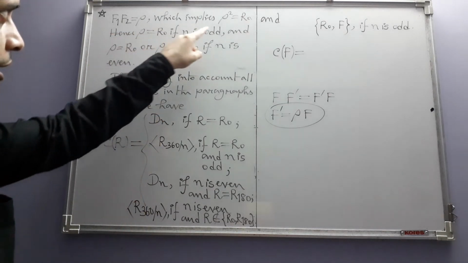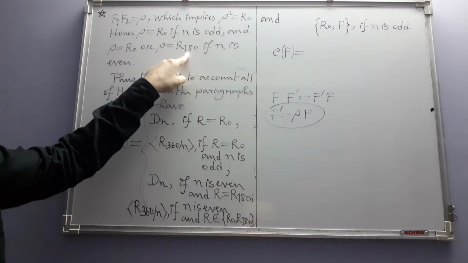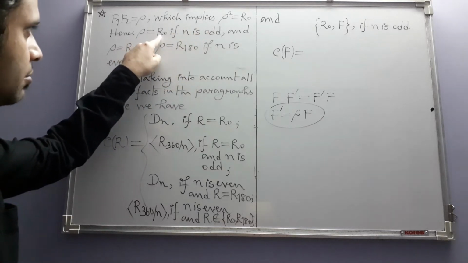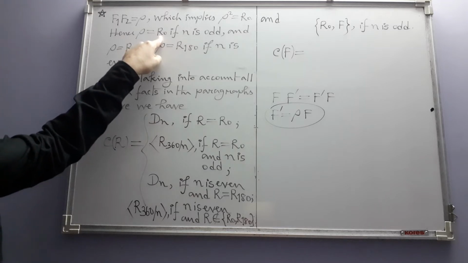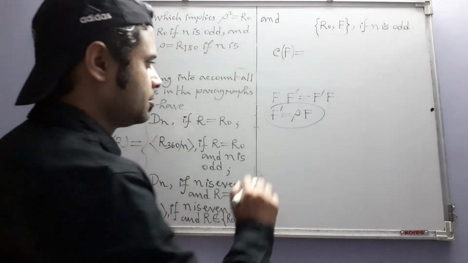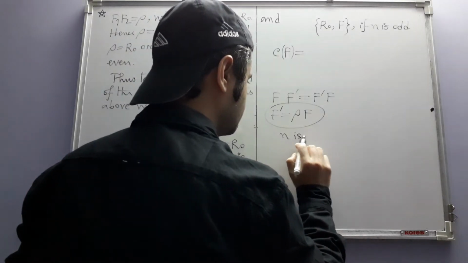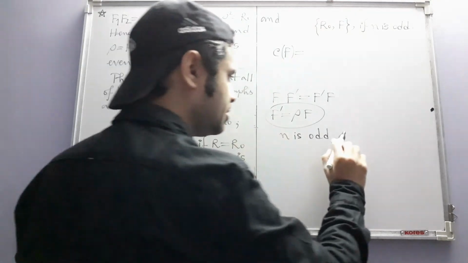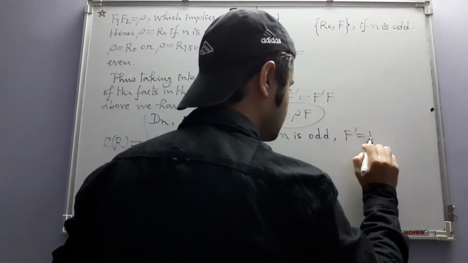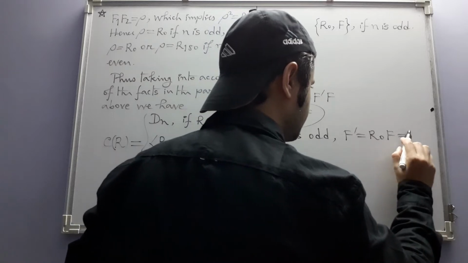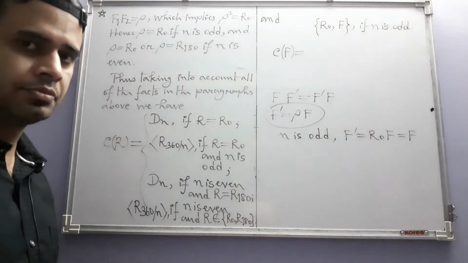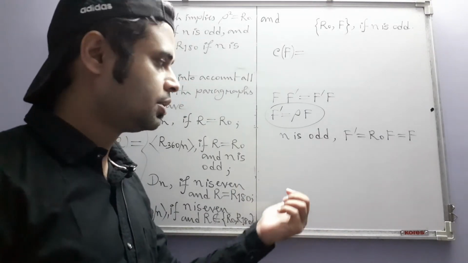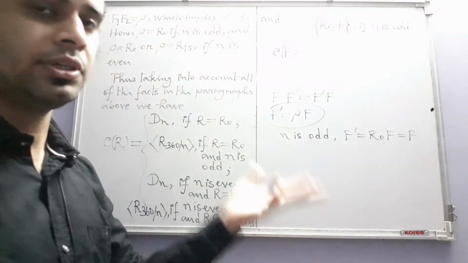Then we again found conditions like this. So if n is odd, then the only possibility for rho is R naught. Correspondingly the only possibility for F prime is R naught F, which is equal to F. That is, the only reflection that commutes with F when n is odd is F itself.